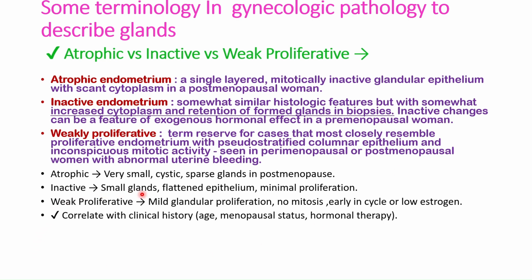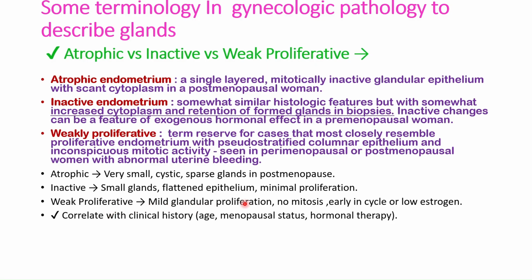So inactive glands are small glands, flattened epithelium and minimal proliferation. In weak proliferative, there is mild glandular proliferation but no mitosis. So this term is reserved for cases that most closely resemble proliferative endometrium with pseudostratified columnar epithelium and inconspicuous mitotic activity, seen in perimenopausal or postmenopausal women with abnormal uterine bleeding.